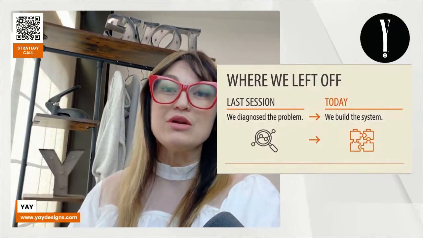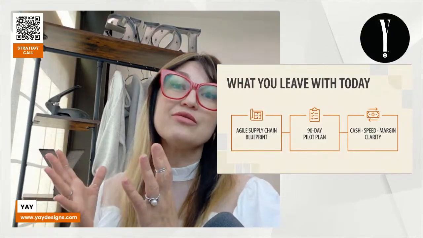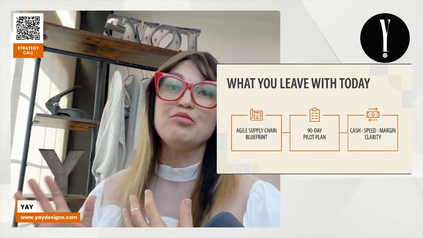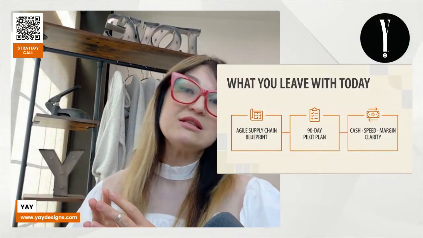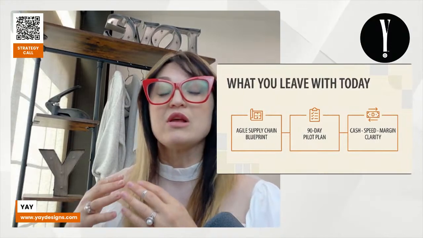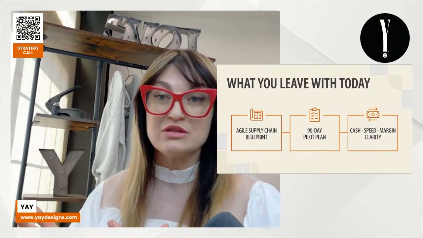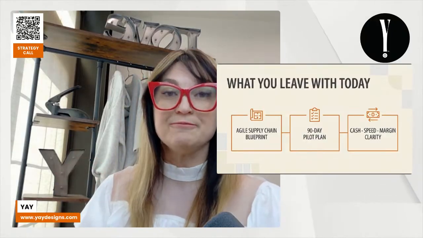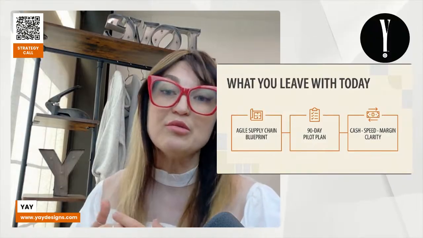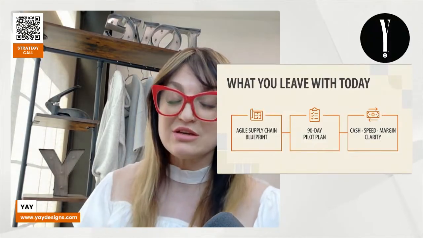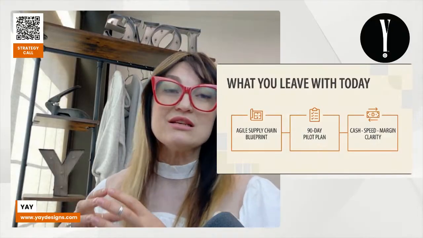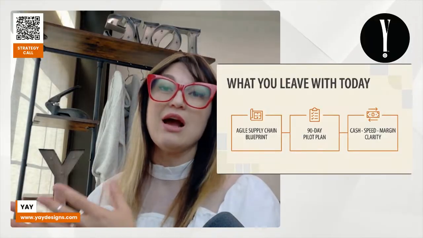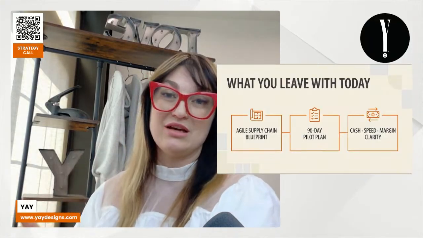I want us to start by understanding the difference between push and pull, because the two are often confused. Operationally, in a real fashion and manufacturing business, an agile supply chain is often mistaken for a push supply chain that we're trying to implement agility on top of.